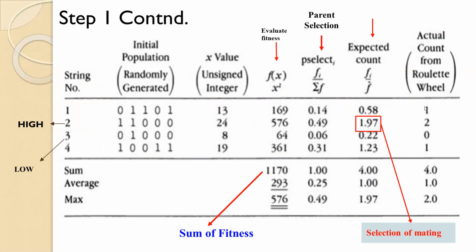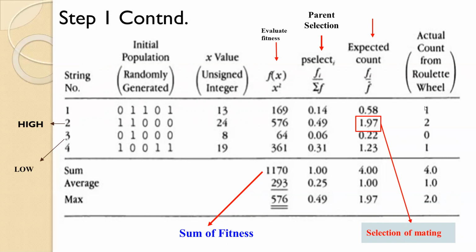Now our next task: evaluate fitness. How to evaluate fitness? f of x equal to x square: 13 square is 169, 24 is 576, 8 is 64, 19 is 361. Simple, add all this fitness, the sum is 1170. 1170 divided by 4, you are able to get 0.59, 1.97, 0.22, 0.22, 1.23.